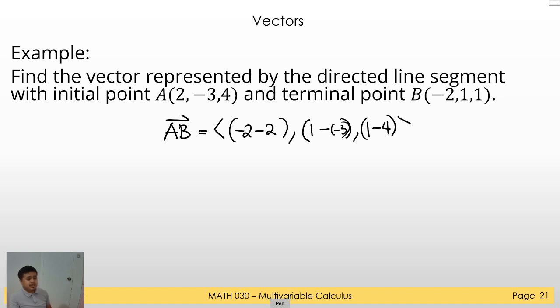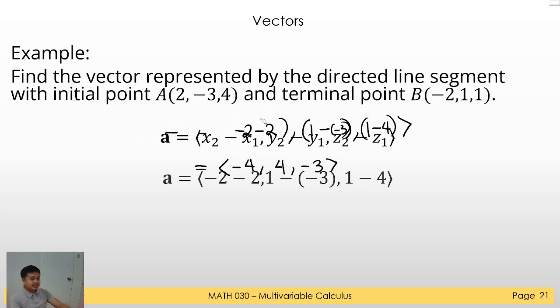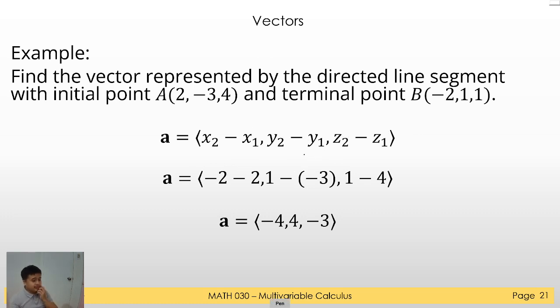So this will be our vector: -4, 4, and then -3. It's that simple. Sorry, we have a solution here. Is it the same? Okay, it is the same. So this will be your vector, and we can represent it in this form using the left angle and the right angle notation.